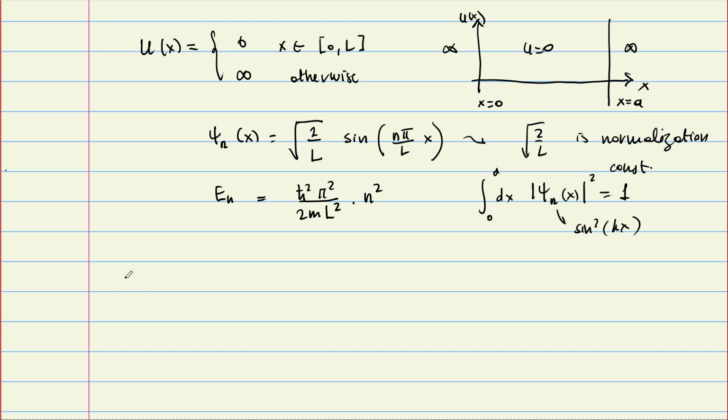So one thing that we need to be aware of is that we can choose the solutions to be real for the one-dimensional case, but we can also choose any other phase. Suppose psi n of x is a solution, and not to write the whole thing again and again, let me define an operator H, which is minus h bar squared over 2m d squared dx squared plus U of x, acting on functions of x.